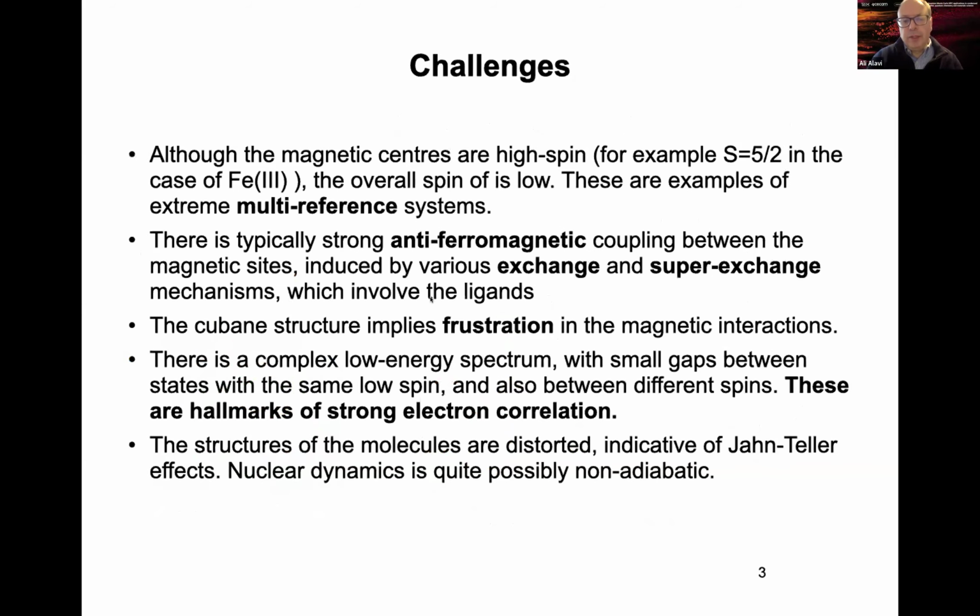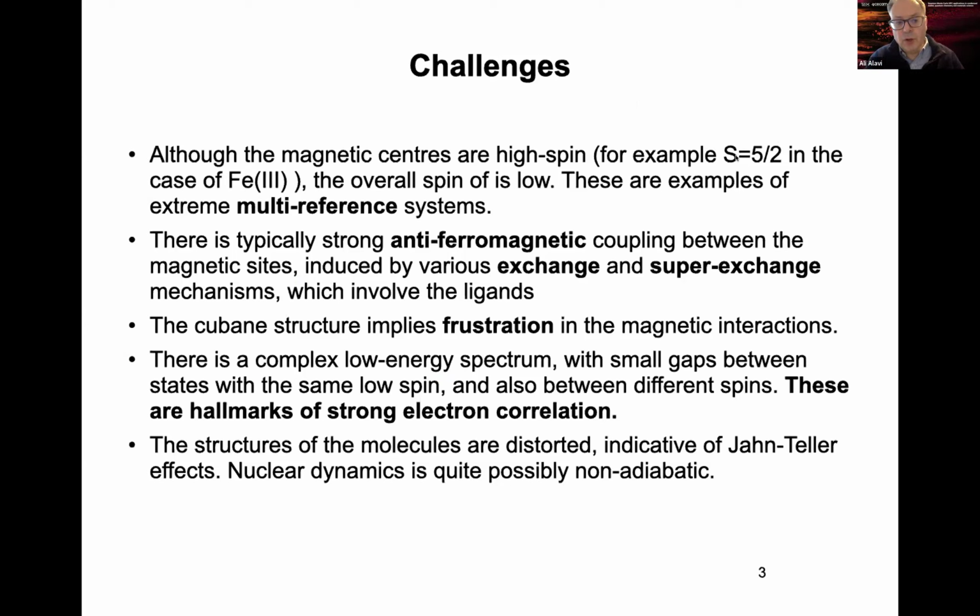The challenge involved, as I mentioned, is that although the magnetic sites are typically high spin, so for example, if you have an iron 3 center, locally speaking, each ion will be in a spin 5/2 configuration, the overall spin of the system is low.